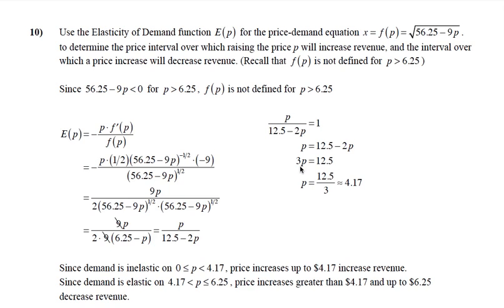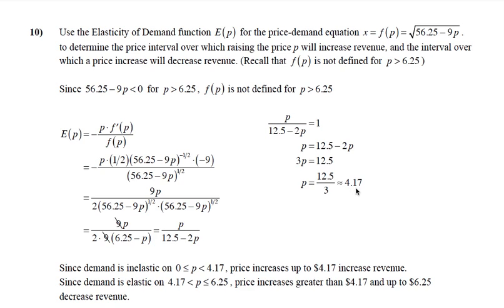We add 2p to both sides, so we have 3p equals 12.5. Then we divide both sides by 3, and 12.5 divided by 3 is approximately $4.17. It's 4.1666, repeating perpetually, which we round to 4.17.